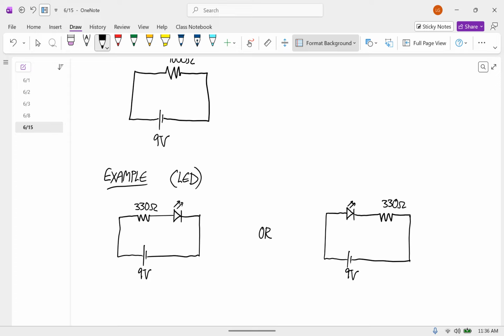Yeah, this is flat. Okay, you see that? So that is the positive, I believe. No, that is the negative. The flat is the negative.